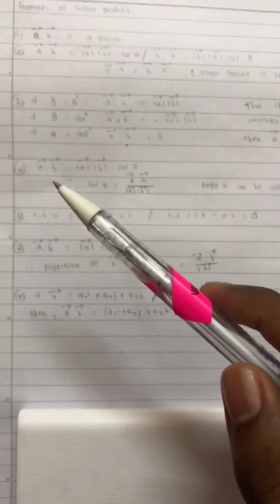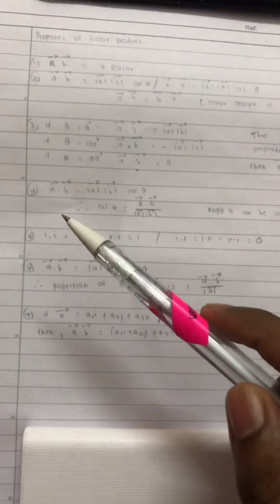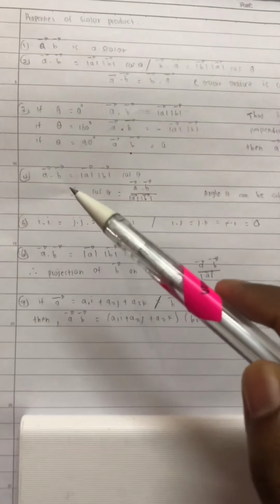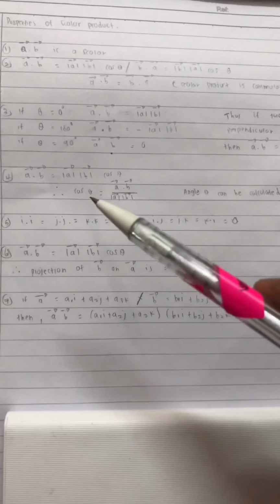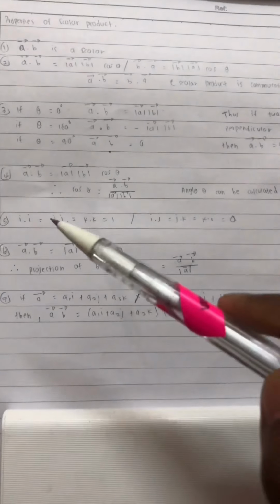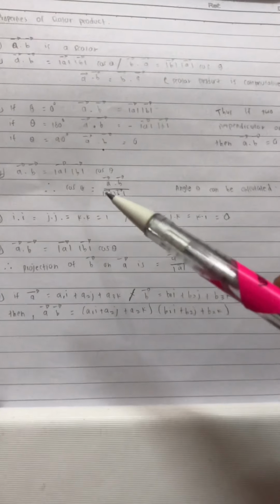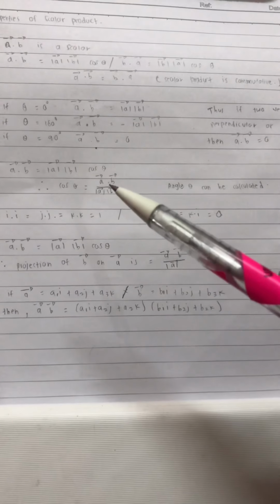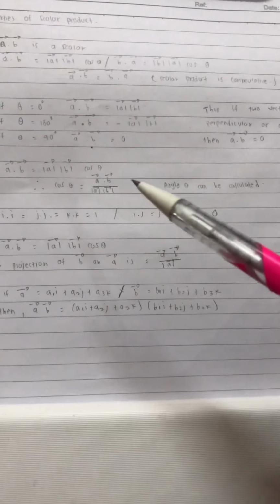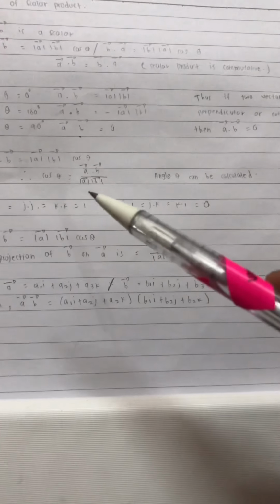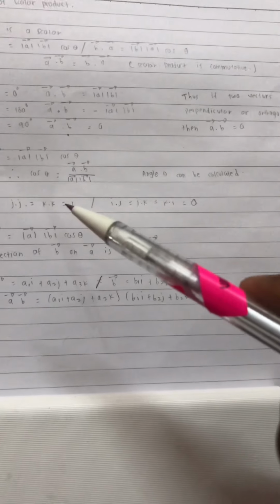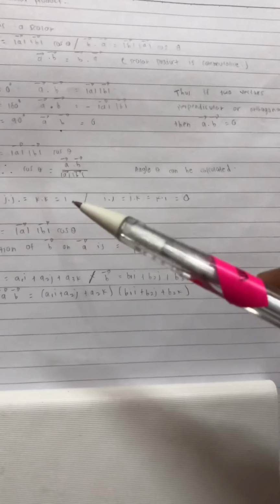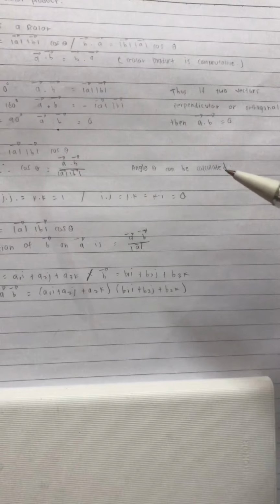The fourth property of scalar product is vector A dot vector B equals magnitude of vector A, magnitude of vector B, cos theta. Therefore, cos theta equals vector A dot vector B divided by magnitude of vector A and magnitude of vector B. So what we can know from this is angle theta can be calculated.